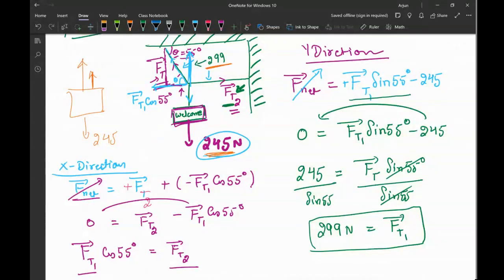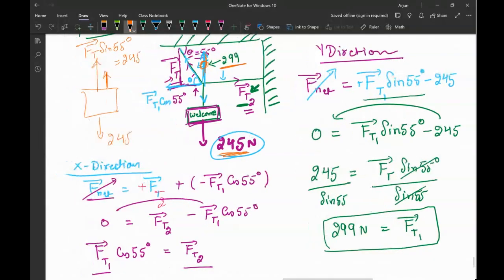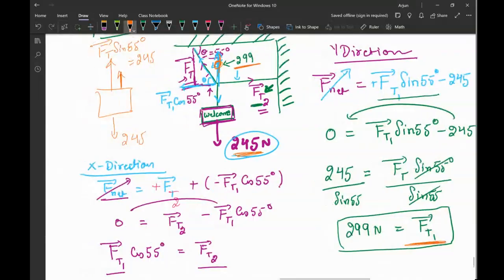So this component was Ft1 sine of 55, which is still equal to 245. The value we figured out for Ft1 is 299, and the component of that in the vertical direction is 245.